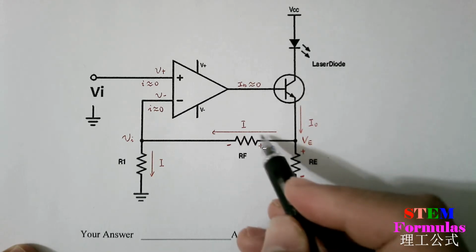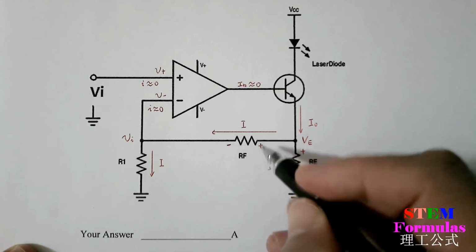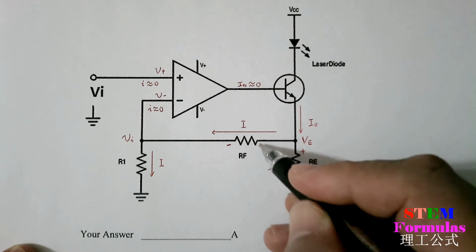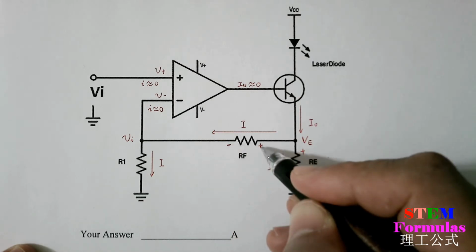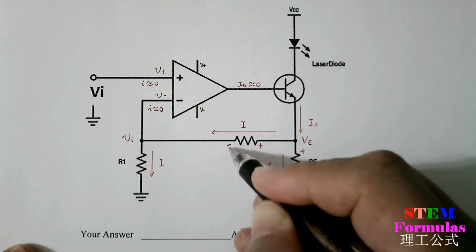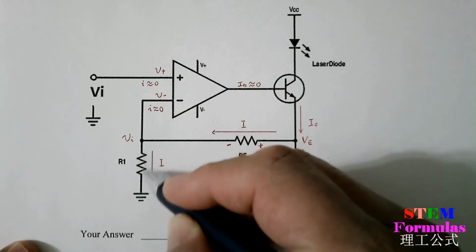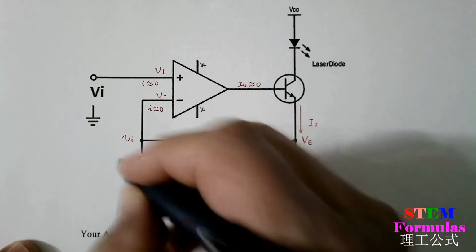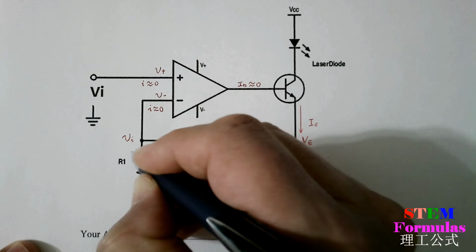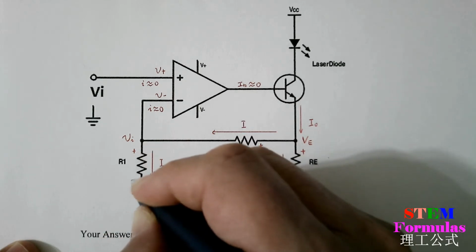We assume the current flows through RF in this direction, so the voltage potential at this point is higher than this point. So we label here plus and minus. We assume the current flowing through R1 is in this direction, therefore the voltage potential at this point is higher than at this point.